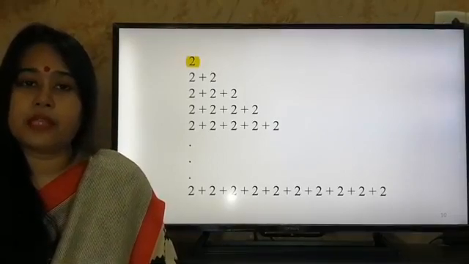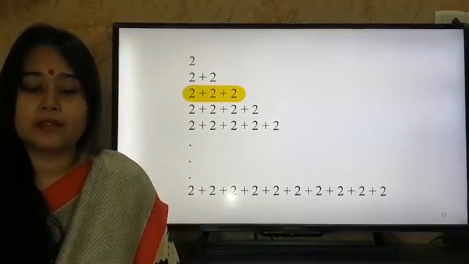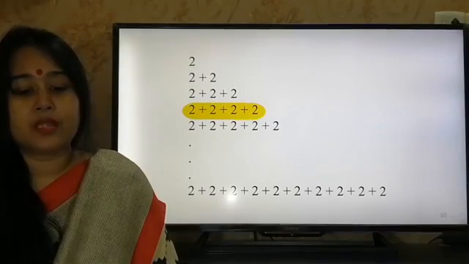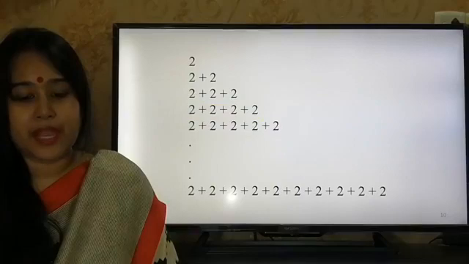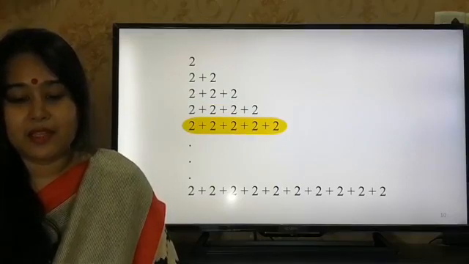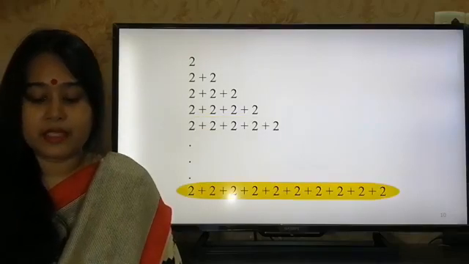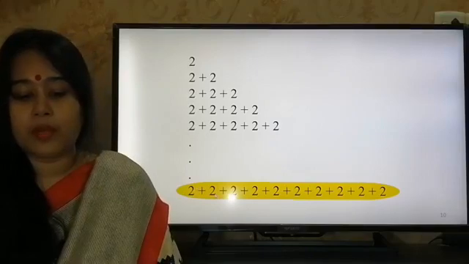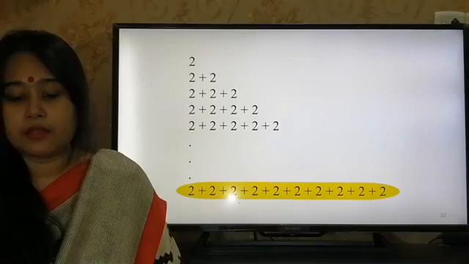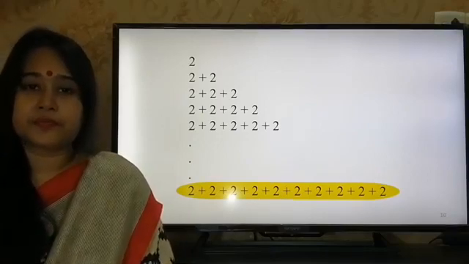Here, first of all, you can see 2, and then 2 plus 2, and then 2 plus 2 plus 2, and then 2 plus 2 plus 2 plus 2, and so on. And at the end, you can see here, 2 is added for 10 times. Okay, you can see in this picture.